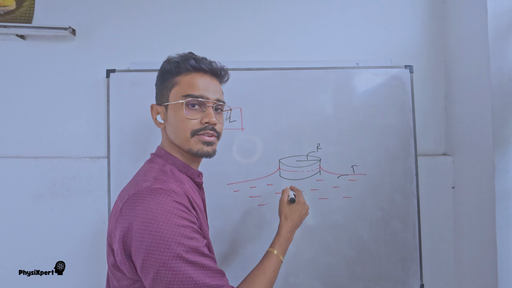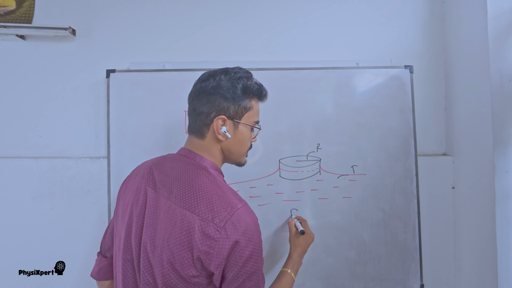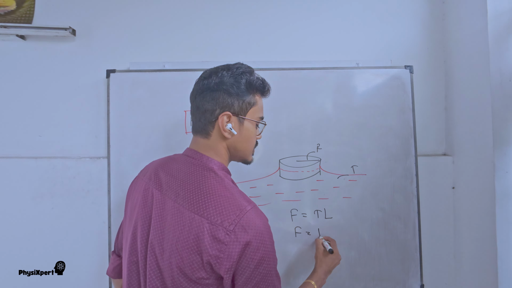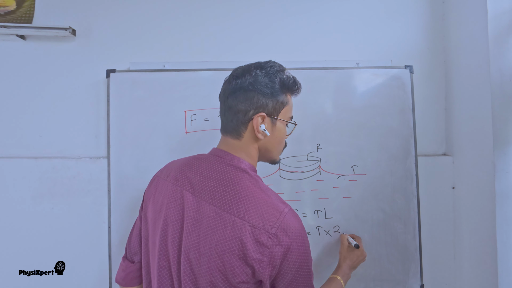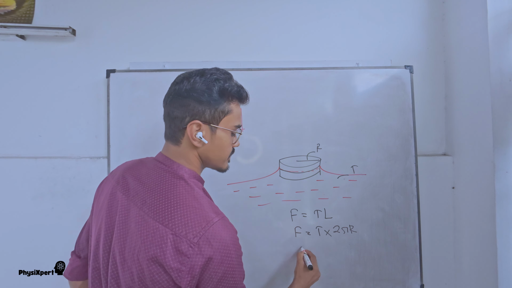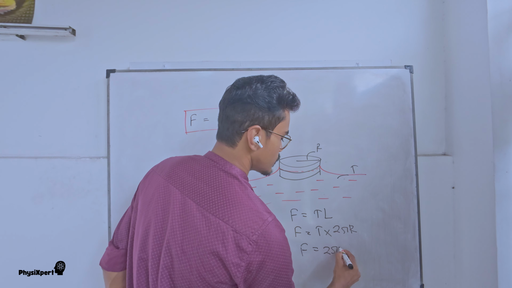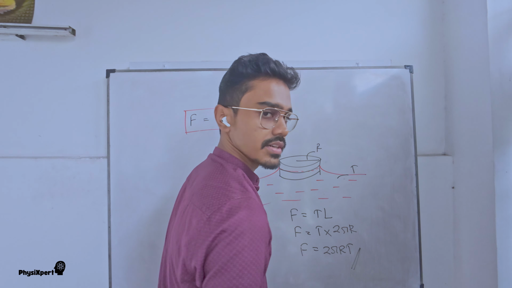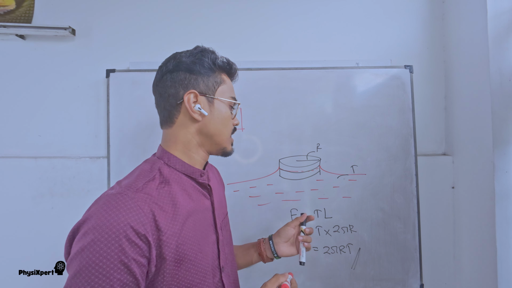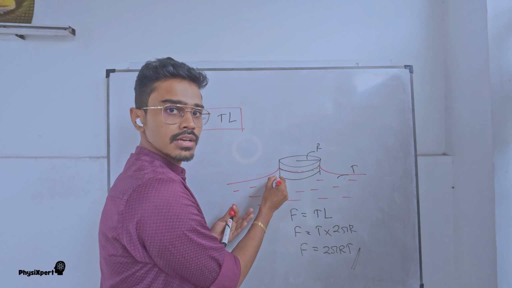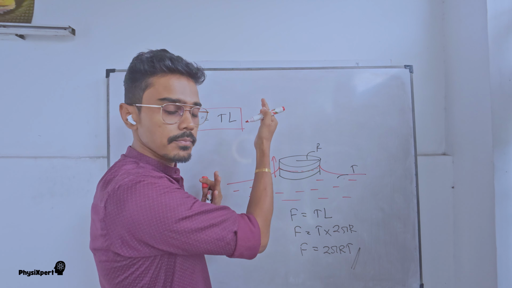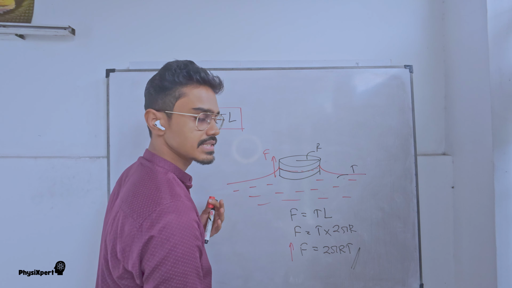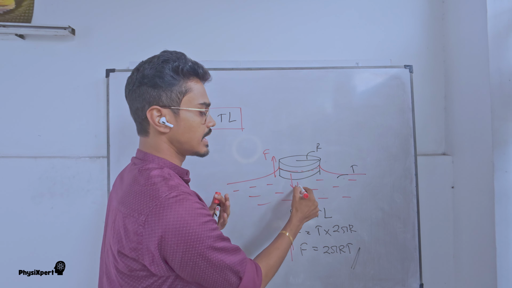So if I need to determine the surface tension force here, apply F equals TL, where L is the contact length, 2 pi r. So the surface tension force here is 2 pi rT. Since the liquid is lifted up, this force acts on the liquid in the upward direction, so on the liquid it is upwards, and on the object it is downwards.